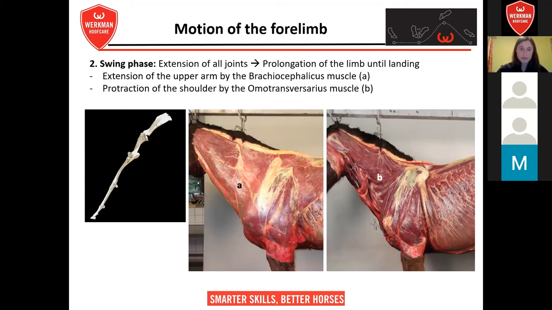And this is the connection between limb, neck, and the occiput. And this is a muscle which is also trained if you have dressage horses and you would like to have a very active motion of the limb in swing phase. So if the muscle highlighted with A is very strong, you have a strong muscle to lift and protract the limb in the second part of swing phase.